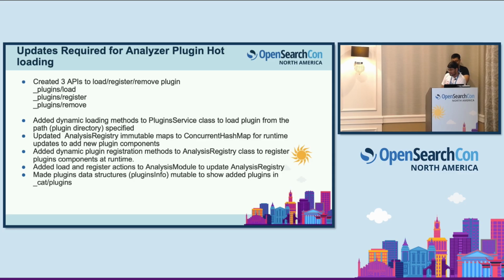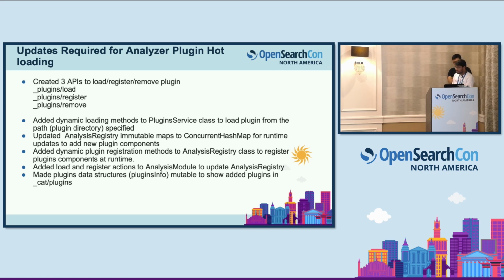However, this is the customer-facing part, the API part. I would say the changes were more involved in the core of it. We had to update the plugin service class to load the plugins dynamically.